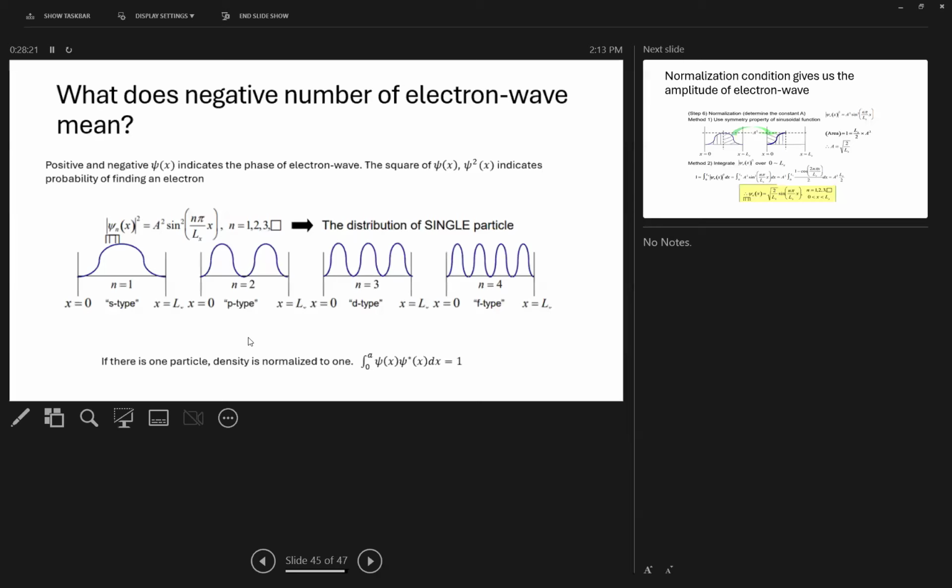And the way we know is the following. Let's say I'm talking about an electron in a cavity, and my electron has a wave like this.